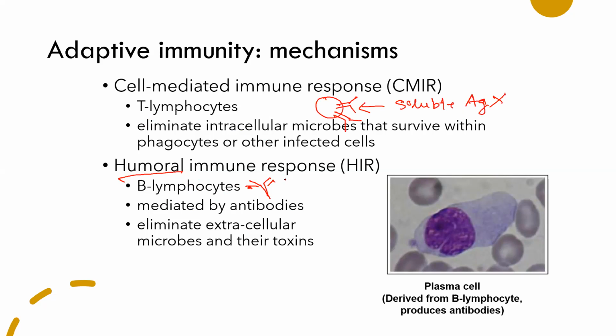Whereas B cells can recognize both soluble as well as particulate. So that is why T cell immunity is called cell-mediated immunity, and B cell immunity is called humoral immunity.